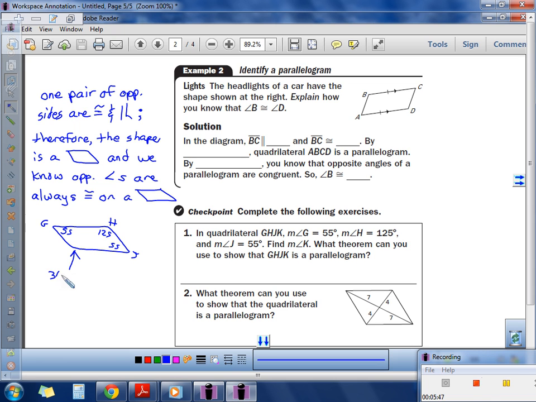So I can do 360 minus the ones there, minus 55, minus 125, minus another 55. And we're going to find that it's 125. Now we can say opposite angles are congruent.